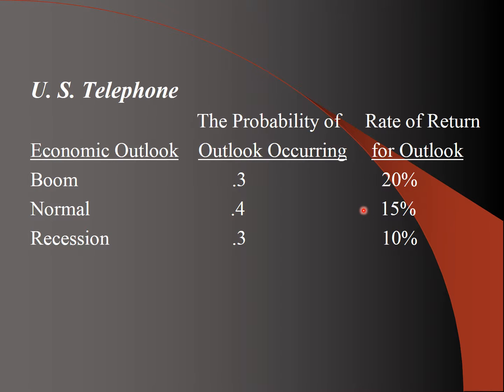With a normal economy, they project that U.S. Telephone will yield a 15% return. And with a recessionary economy, they project that it'll be a 10% return. So notice how the returns really don't vary much for U.S. Telephone, but for Kelly Services, there was a very large difference between the lowest return and the highest. The lowest was a negative 70, and the highest was 100%.